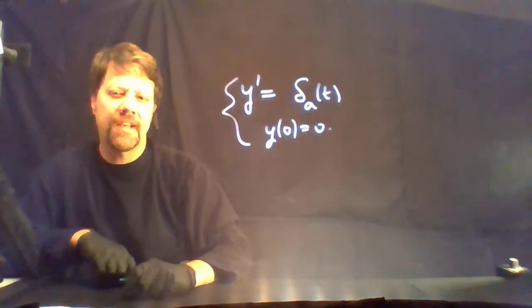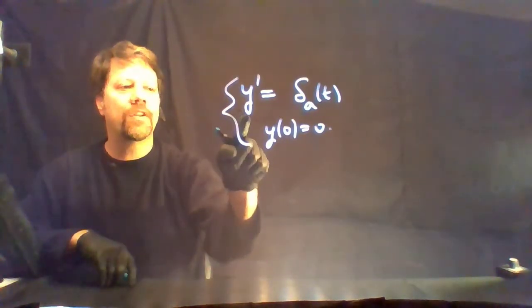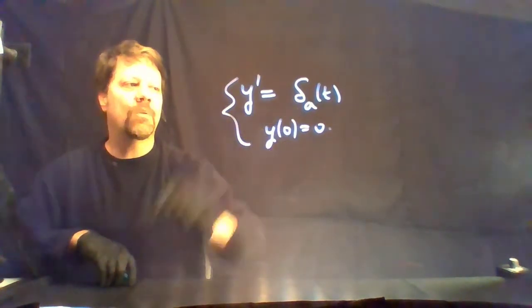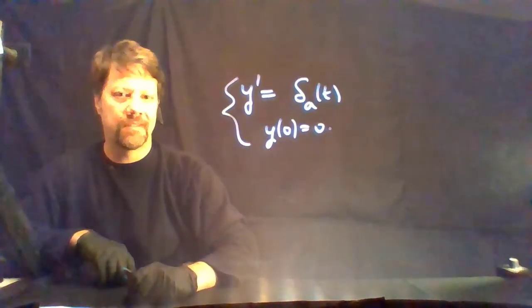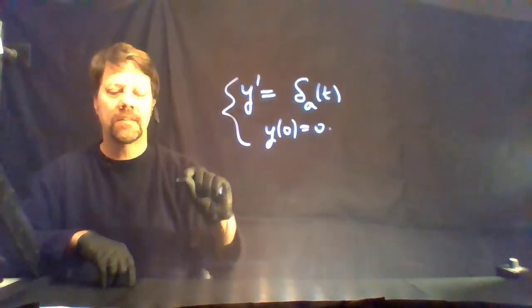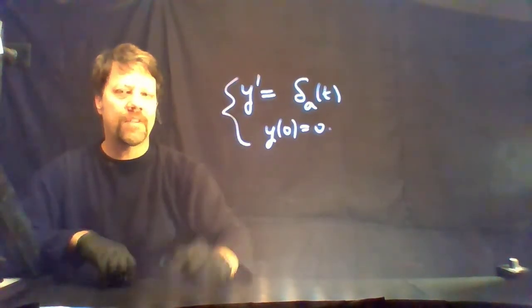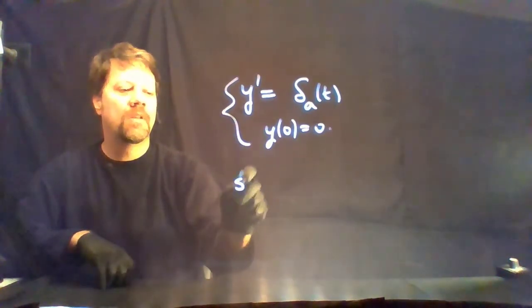This is a simple initial value problem, and what we're really asking here is what function has derivative equal to this impulsive function, which we modeled as something that's 0 everywhere except at one point, and at the one point it's infinite. We can solve this using Laplace transforms.